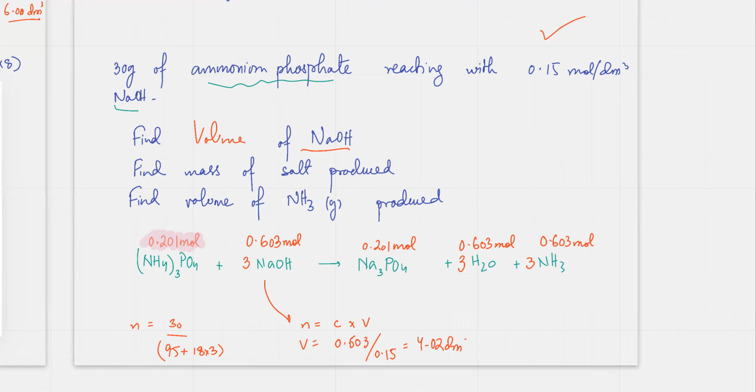What else were they looking for? They're looking for the mass of salt. So moles is mass divided by MR. So mass would be moles multiplied by the MR, which in this case is 95 plus 69, 23 into 3. What do you get? 158? I mean, what's the MR? 23 times 3, 31 plus 16 into 4.